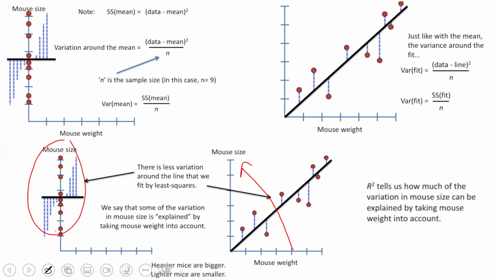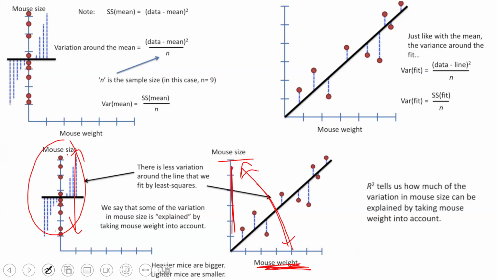The variation in this data is explained by the mouse weight. Okay, here we are deriving mouse size from the mouse weight. That means the variance in the mouse size is explained by the mouse weight, because they are interrelated to each other, and the R square value is high.